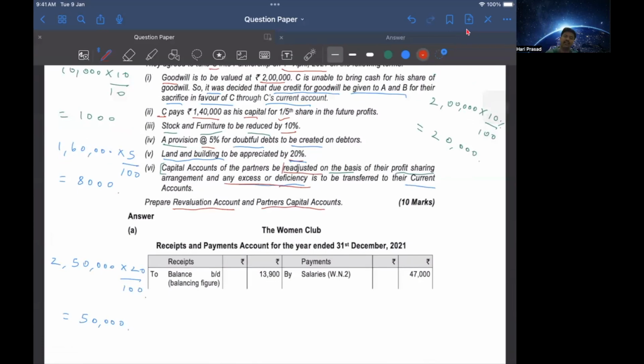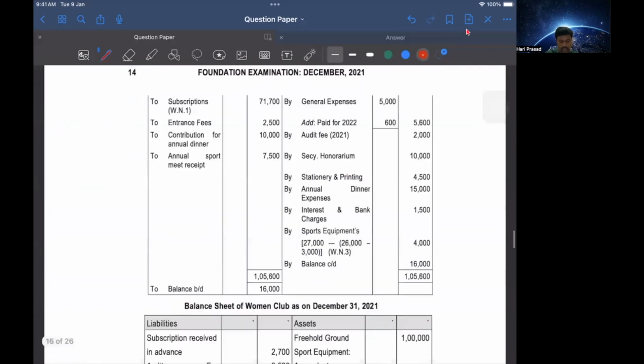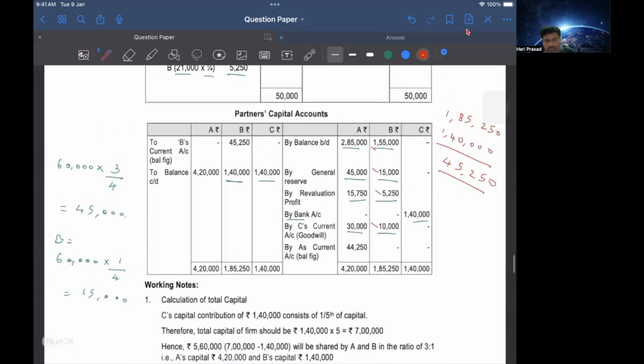Here B is having excess capital, so that amount, 45,250, is transferred from capital account to current account. If any partner's account should be reduced, then that partner's account needs to be debited. Here we have to reduce B's capital from 1,85,250 to 1,40,000. We are reducing by debiting the 45,250.